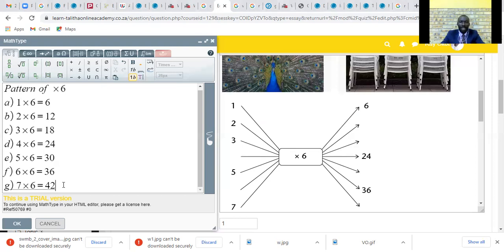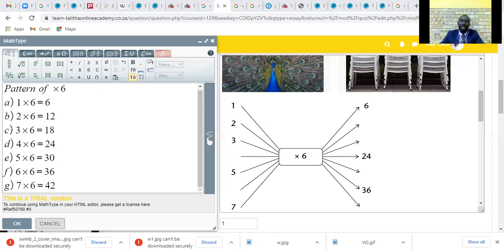This list of numbers, which came to be after following this rule of multiplying each number entering by 6, which forms a pattern, is what we call a sequence. The thing for you to remember is a list of numbers which form a pattern is called a sequence.